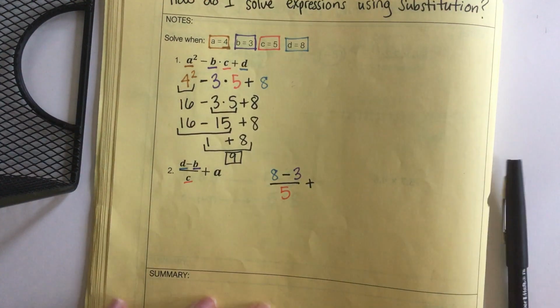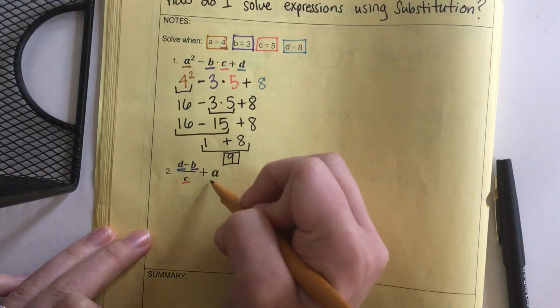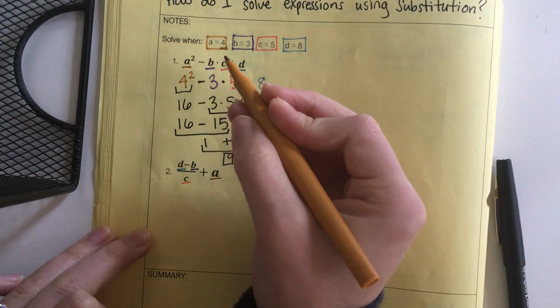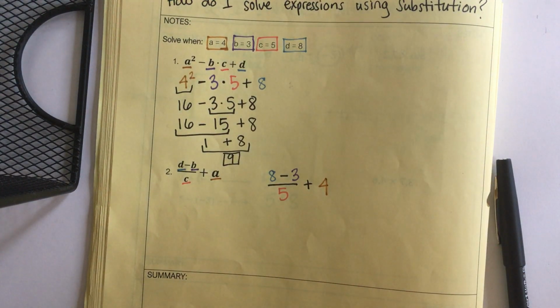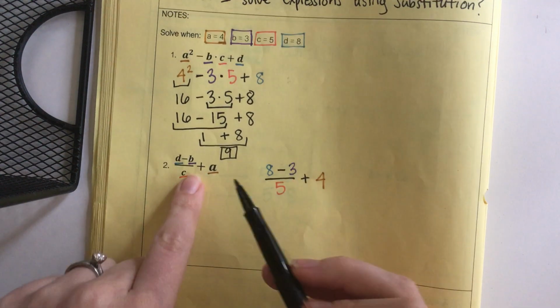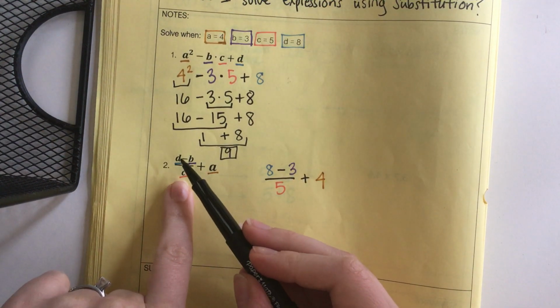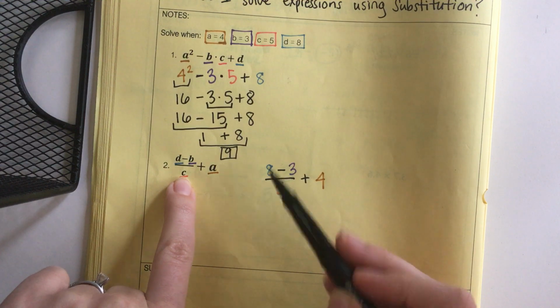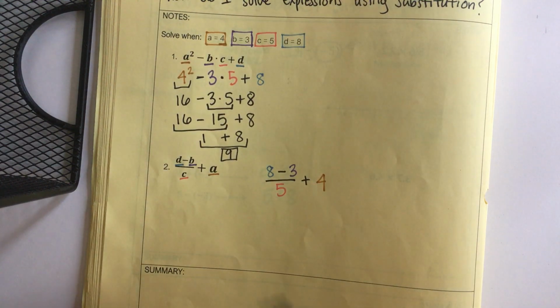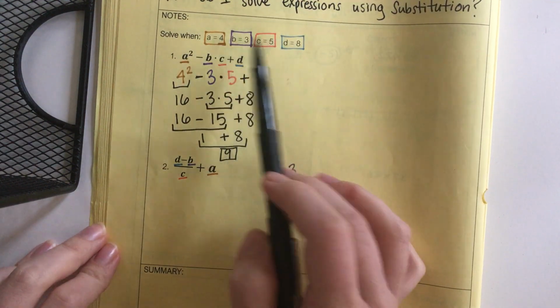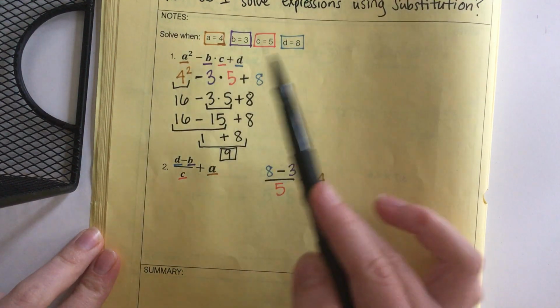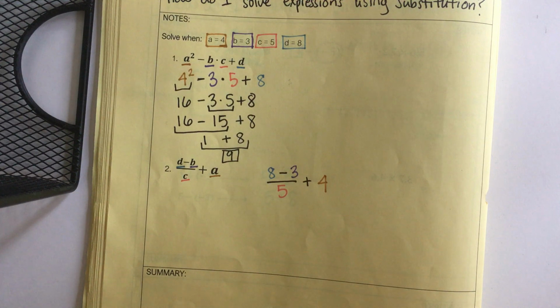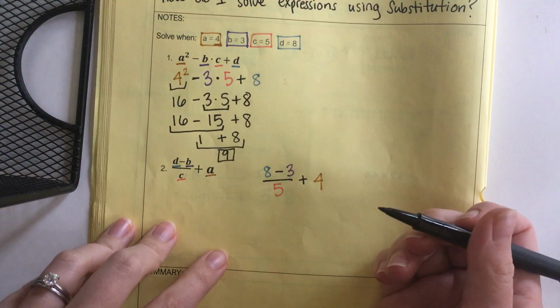And then I'm adding A, which was the yellow, and that was 4. So it looks the same. I've just replaced or substituted each letter with the number that it equals. And in this case, since it told me what they all equaled before the problem numbers, it is the same for each of the problems. Sometimes it will change from problem to problem, so you need to make sure you read the question carefully.